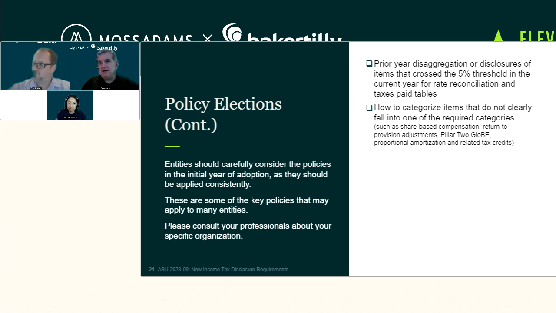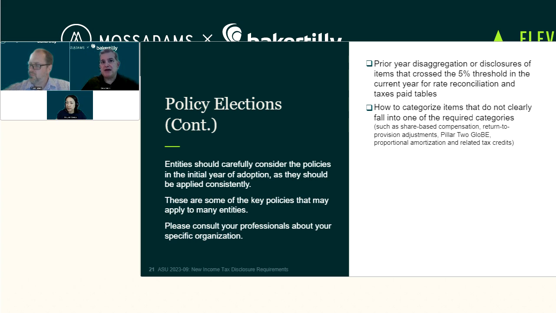And RTP, where would that go? Potentially, if it's below the 5%, you might have a policy election to put that in other, or you may choose to break that up by the jurisdiction it relates to, what you would typically think from a federal, state, and foreign perspective. And then Pillar 2 not only has traditional foreign tax elements, but it has these top-up taxes. How do you handle those, and the effects on related credits? So these are things to be thinking about.